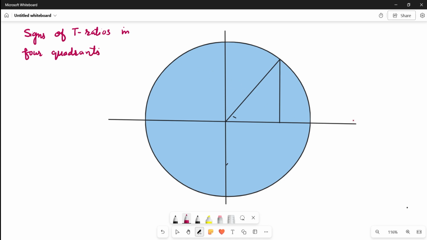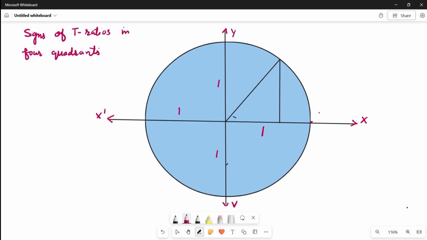The plane is divided by two lines, a horizontal and a vertical line. This is the horizontal line, the x-axis, and this is the y-axis. This is a unit circle whose radius is 1.